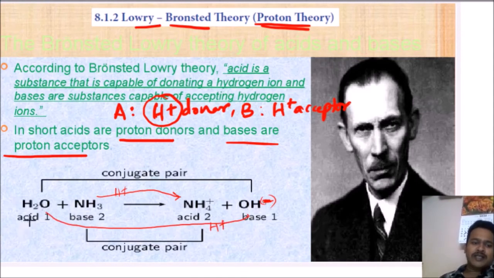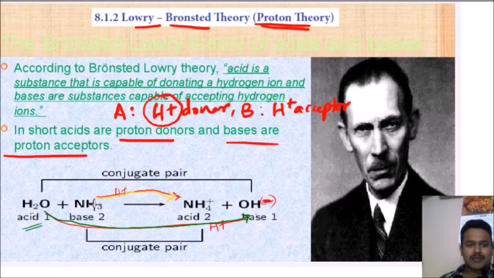So here we can say this is acid 1. Why? Observe the green one, the green border. H2O loses a hydrogen ion forming OH minus, so it is an acid. And the yellow one, NH3 to NH4 plus. What happened here?